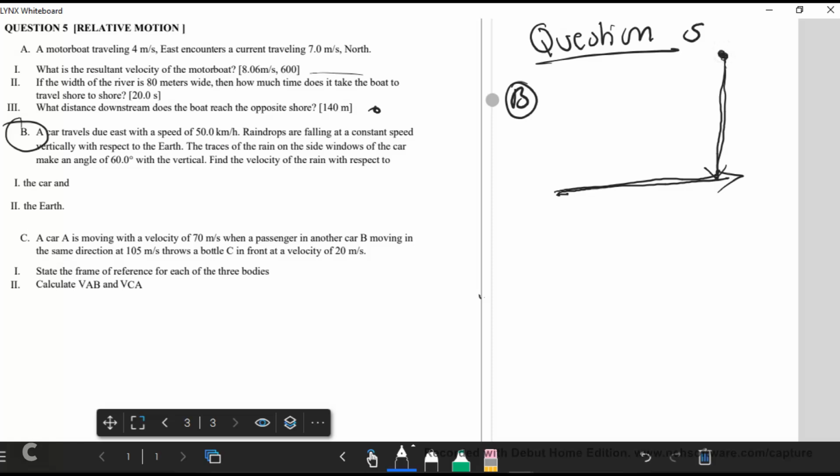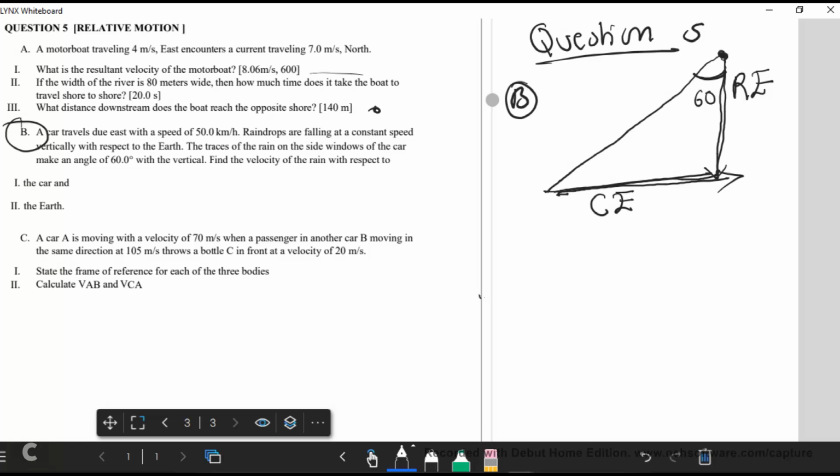As the car was moving like this, the rain was going down at a certain angle of 60. So this I can say is rain with respect to the earth. Then down here, this is where the car is moving, so it is car with respect to the earth.